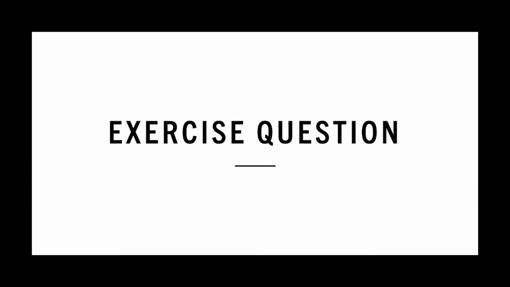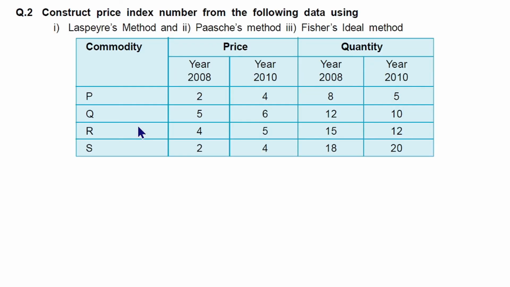Now we'll see the exercise question on Laspeyre's, Paasche's and Fisher's ideal method. The second question says construct the price index number from the following data using Laspeyre's method, Paasche's method, and Fisher's ideal method. So we will do each of these methods one by one.